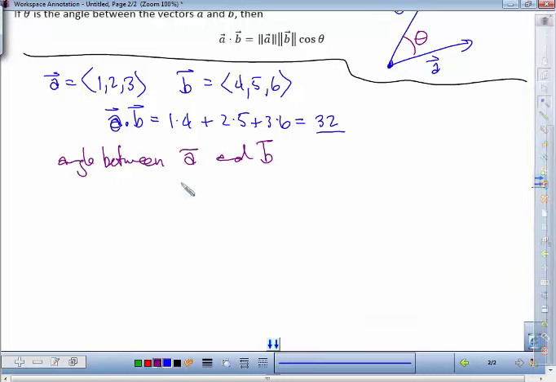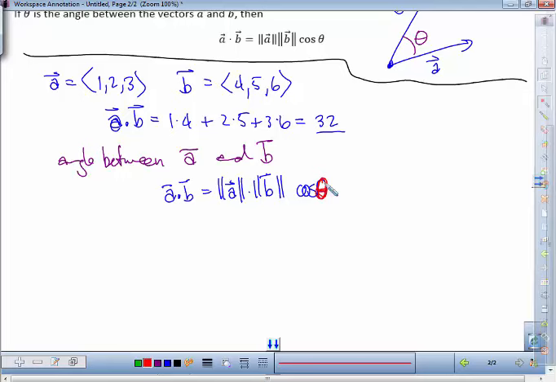So we know that if we take the dot product, it's going to be equal to each of these magnitudes times the cosine of the angle between them. By the way, the right-hand side is a scalar because magnitude is a scalar, magnitude is a scalar, and then the cosine of some number is going to be a scalar. And so this is, at this point, the unknown. This is what we're trying to find.